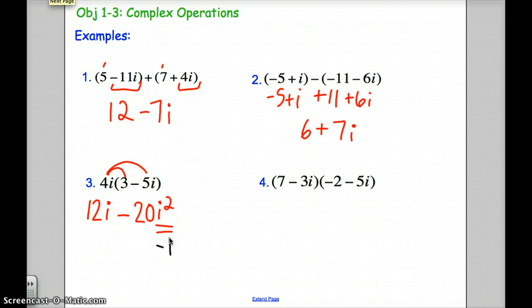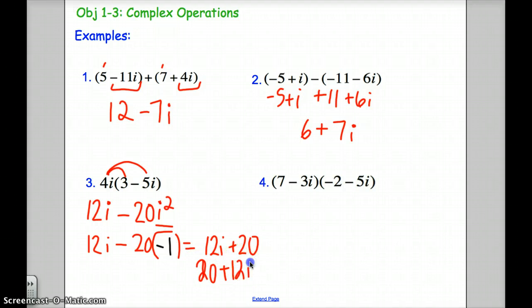So everything else will stay the same, 12i minus 20 times -1. So this will simplify further, of course, to 12i plus 20. Writing it in standard form, we should put the 20 first and the 12i second. There's your simplified product of 4i times quantity 3 minus 5i.